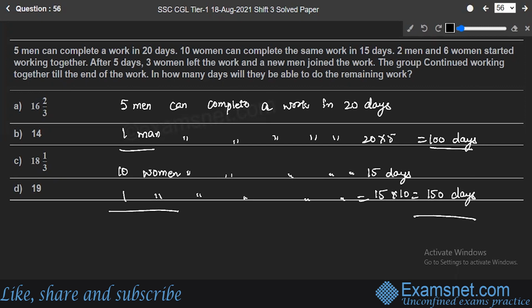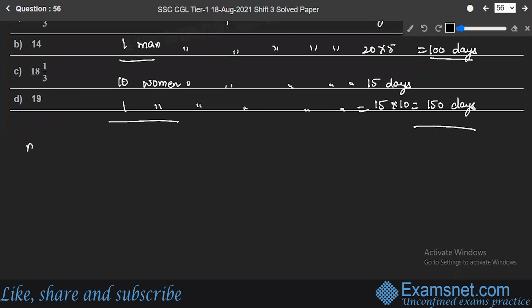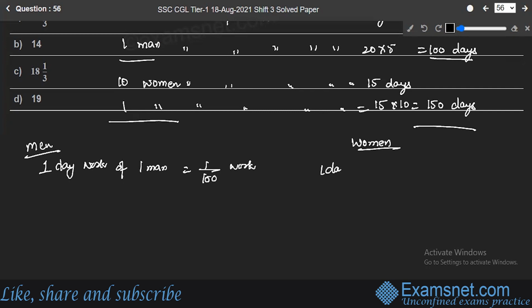So that means if I'm talking about men and women, the 1 day work of one man is equal to 1 by 100. Similarly, the 1 day work of one woman is equal to 1 by 150 of the work.